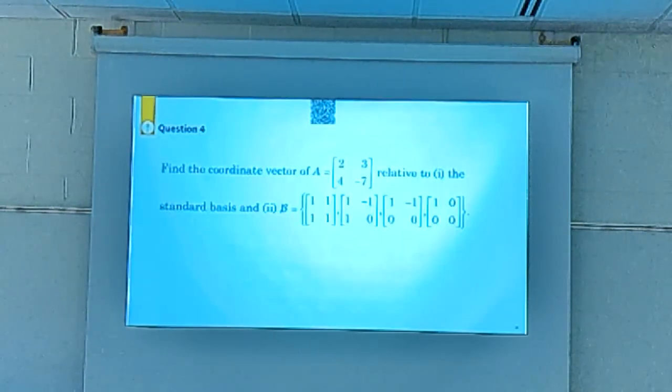What vector space are we working in? This is the vector space M22.